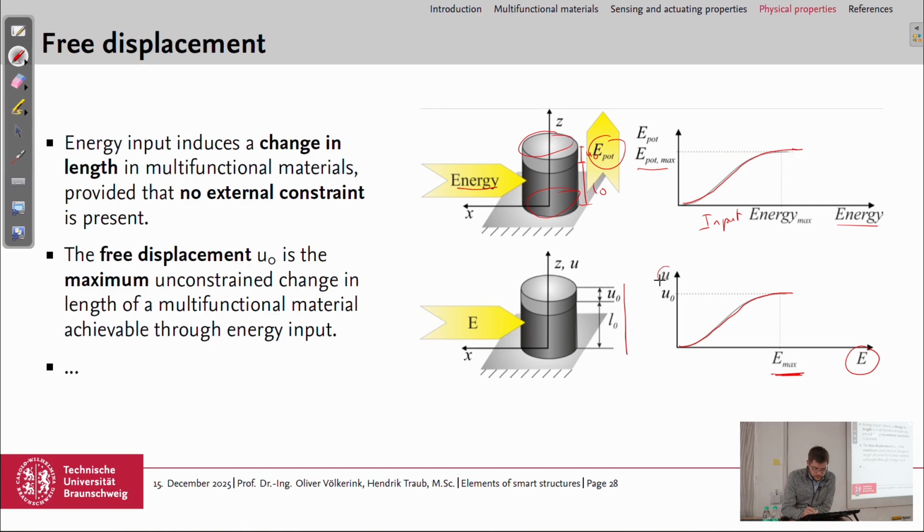So we have the displacement U, here's the free displacement U0, and if we would increase the electric field more, the displacement would not further increase. And if we, let's say, have an electric field which is too large, then it would also destroy the piezoceramic effect, and we lose the polarization or have an electrical breakdown.